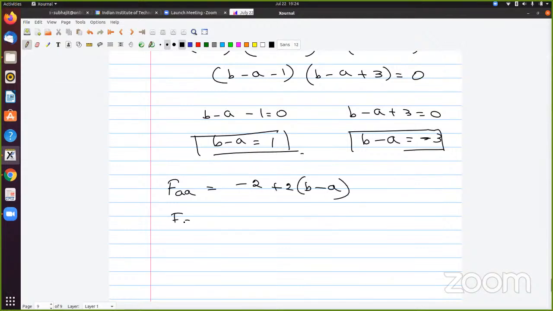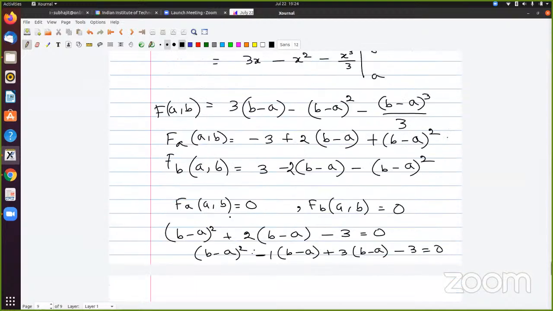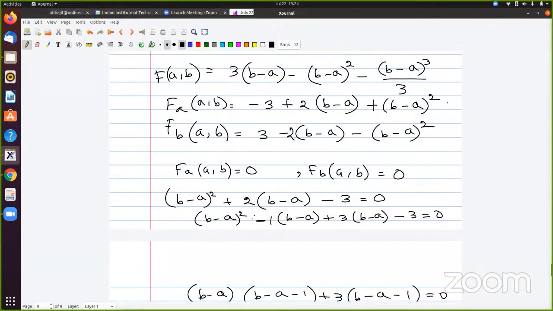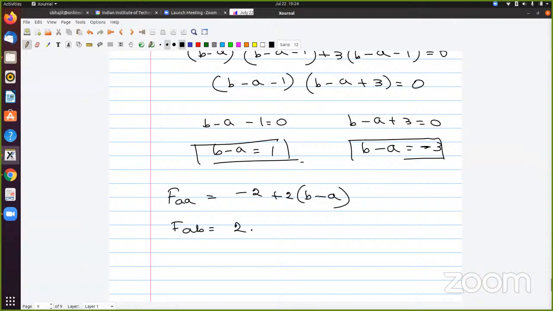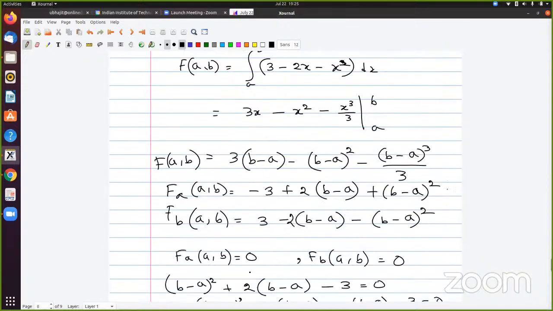Right? What is f_ab? f_ab is 2 plus 2(b minus a), and f_ba will be also the same. So f_ab is 2 plus 2(b minus a), no? Minus 2, minus 2(b minus a).